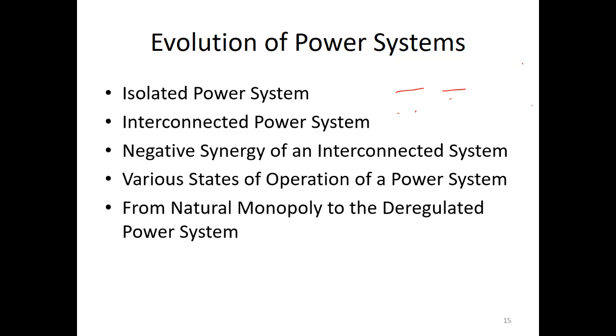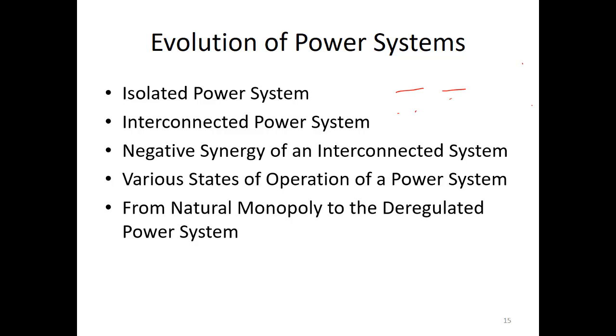Another issue is the move from natural monopoly to a deregulated power system. Now the power system is completely deregulated, and in the generation sector there are many private participants. It is dismantled, we can say unbundled.